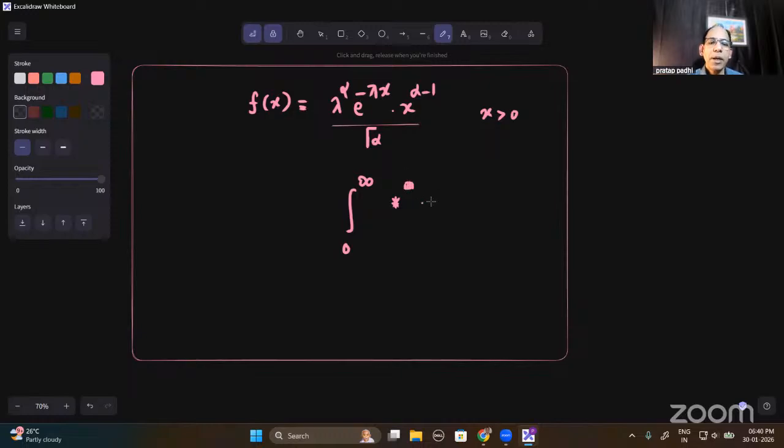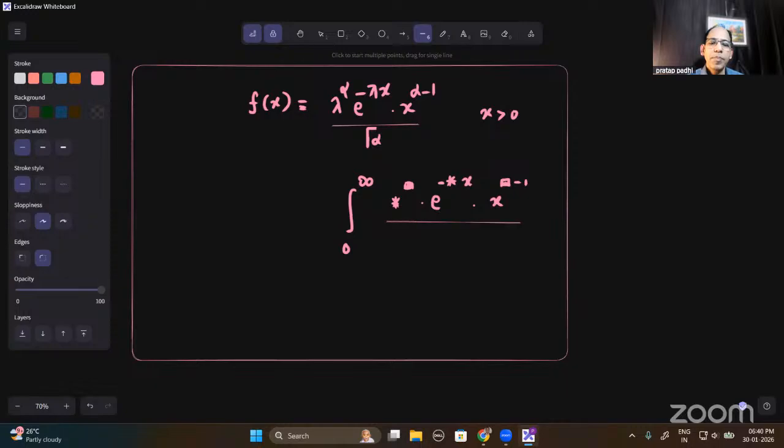Then what will happen if I write e power minus star x, and x power alpha, alpha means again the square, square minus 1 divided by gamma alpha, alpha means again the square.